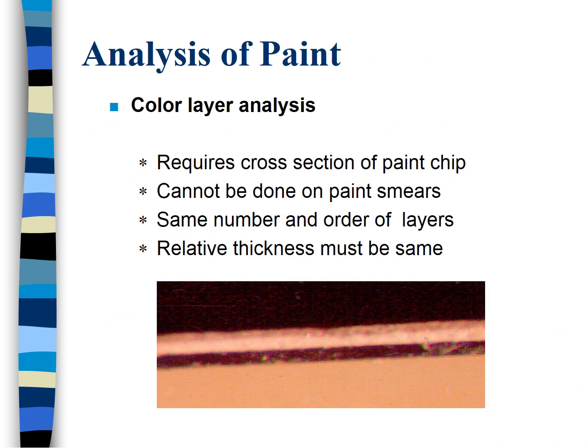Okay, there are several methods that can be used for the analysis of paint. The first one is the color layer analysis, which requires a cross-section of the paint chip to identify the color of the paint. Jadi bila dah tahu the color, so kita akan matchkan dan dijadikan sebagai bahan bukti.